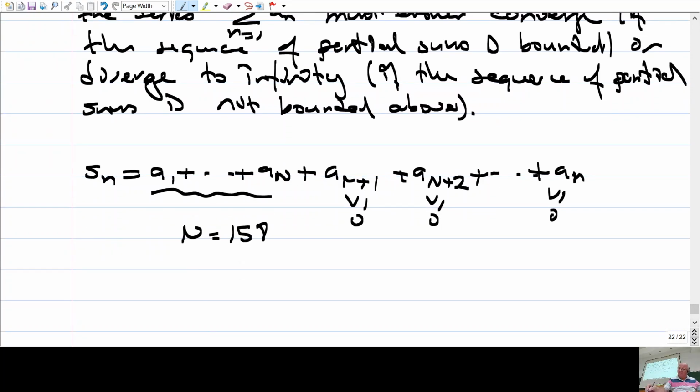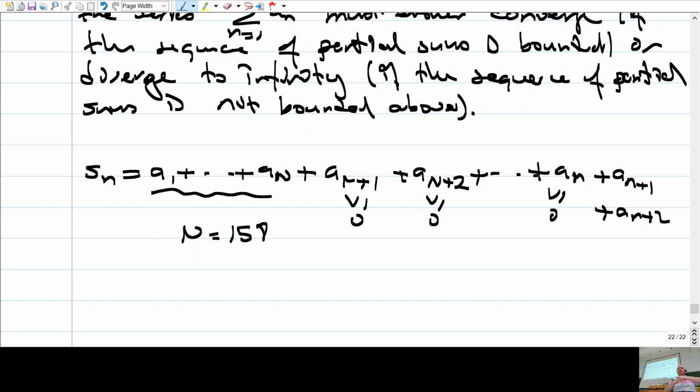This means that this Sn is ultimately increasing, because what is the next term? You add another positive term, and then you add another positive term.